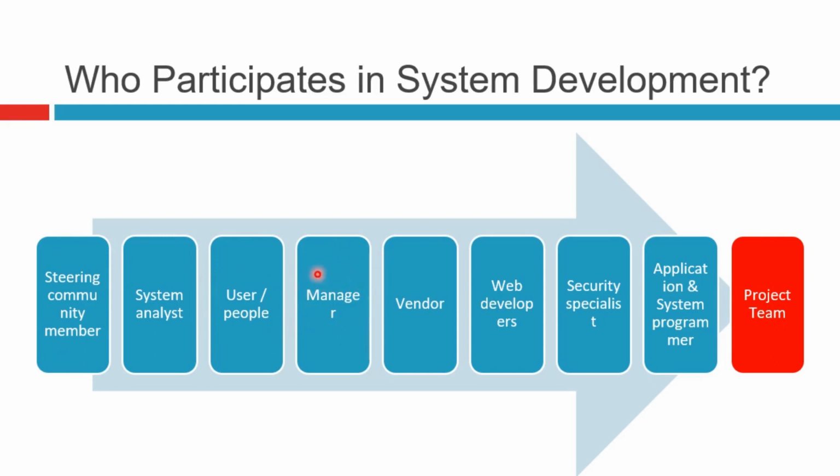The manager of the project, the vendor. And who is the vendor? We have also discussed the vendor before. The web developers, security specialists, application and system programmers. So this is the list of project team members. It will differ for different projects, but this is basically what we have for this syllabus.